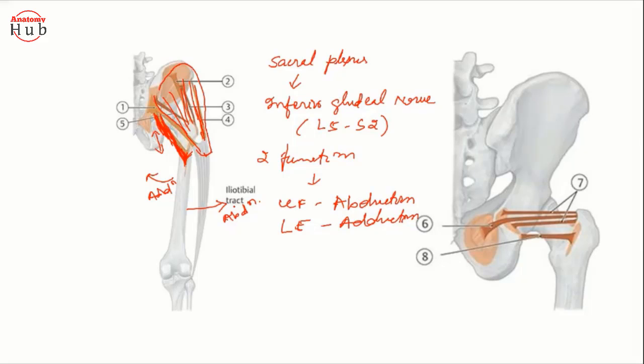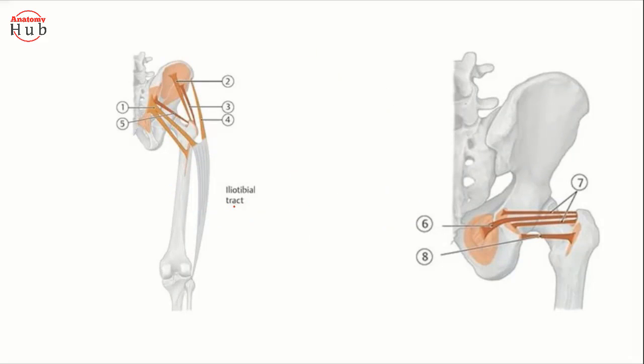Like that, if we see the gluteus medius muscle, this gluteus medius muscle also takes origin from the ilium, from the gluteal surface of the ilium. Mainly the gluteal surface that is just below the iliac crest over here.